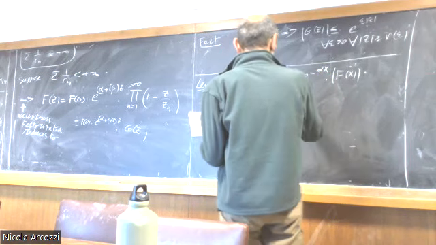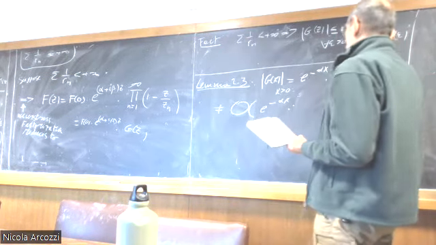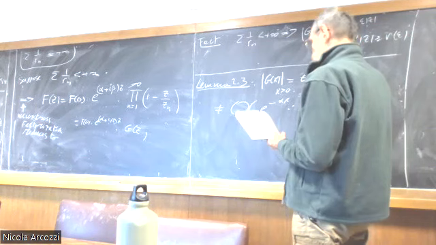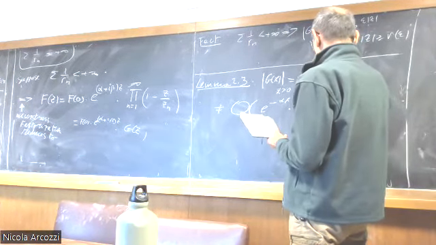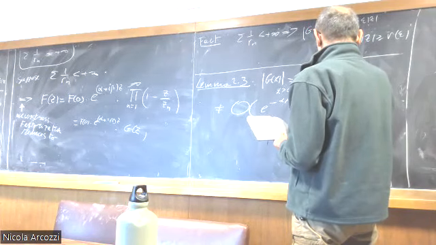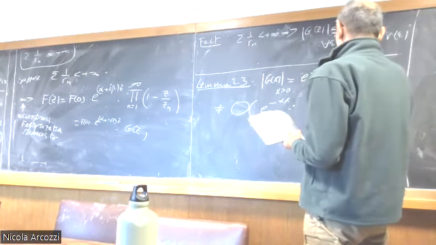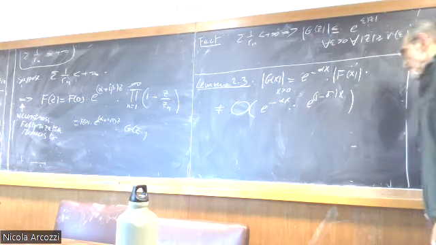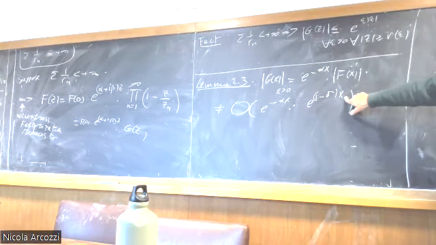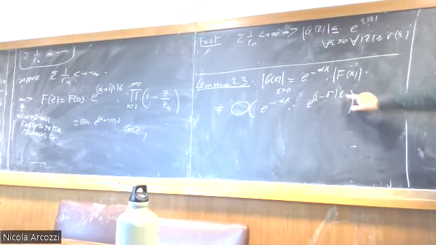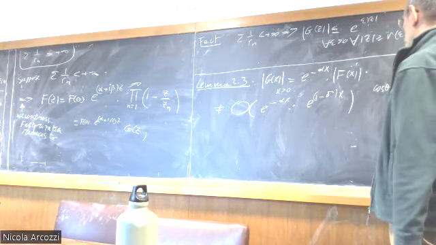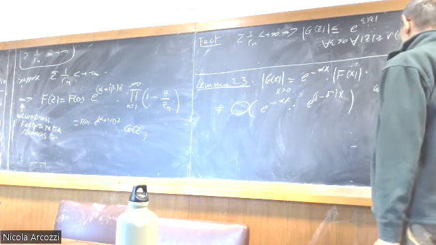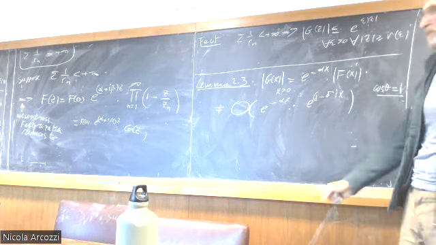Well, it's here, but f of x is not a big O of e to the 1 minus delta x. We are in the case of cosine of theta equal to 0, theta equal to 1.